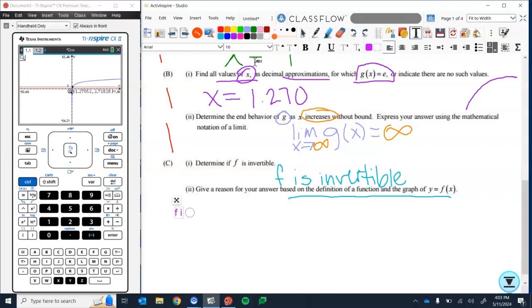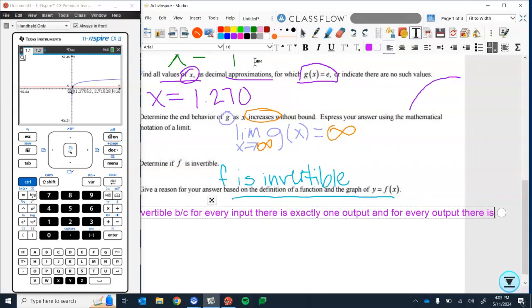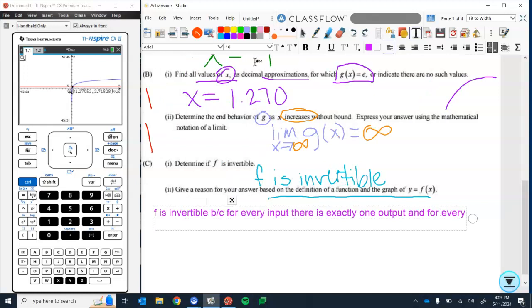I would say F is invertible because for every input there is, I'm not much better at typing, exactly one output, and for every output there is exactly one input. All right. So that says it all right there.